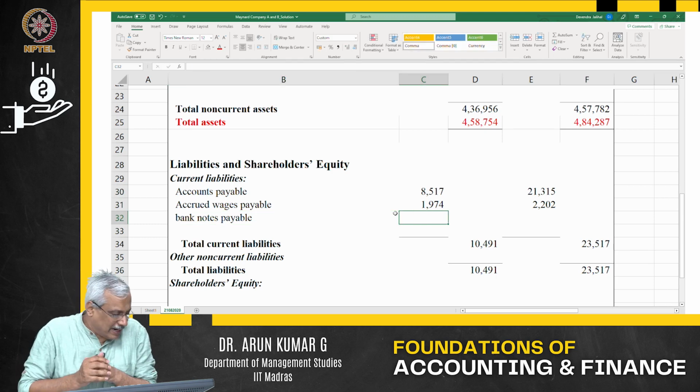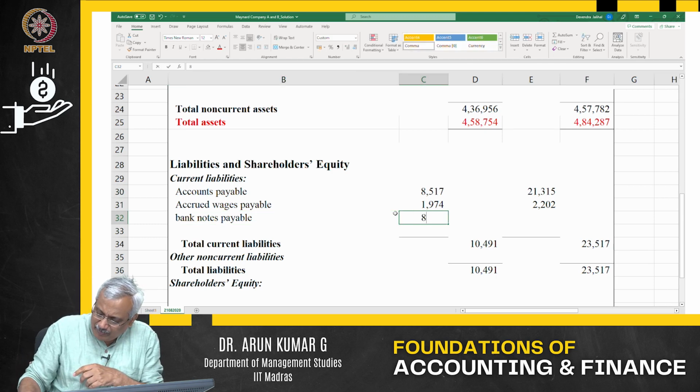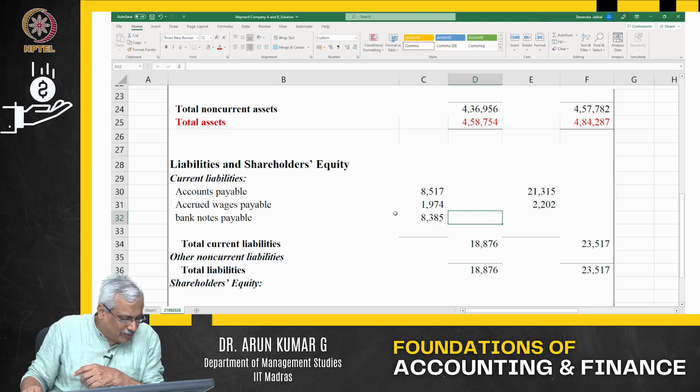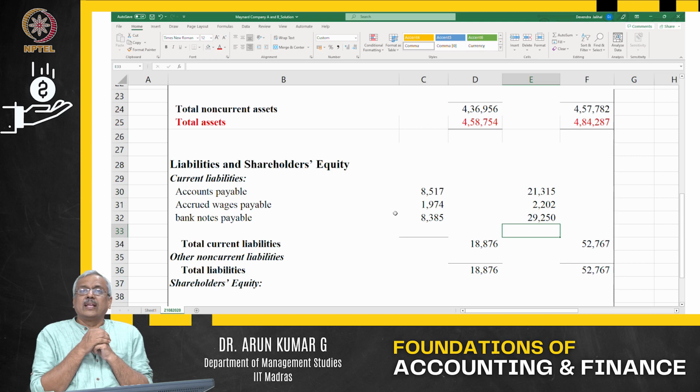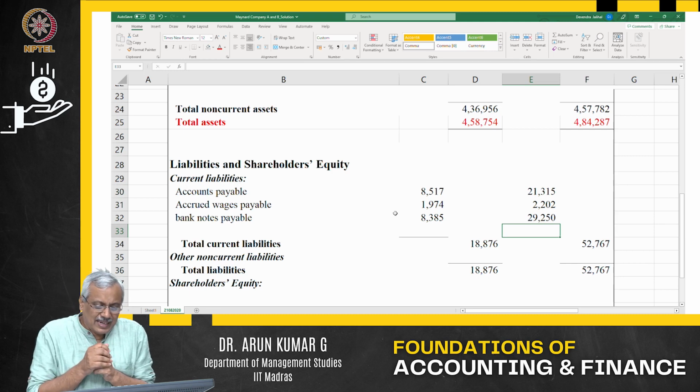Obviously it will be a current liability. How do you classify? These are all short term. If it is long term, it will always be mentioned that it is long term. These are what we call short term liability.